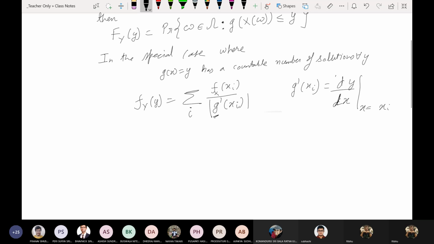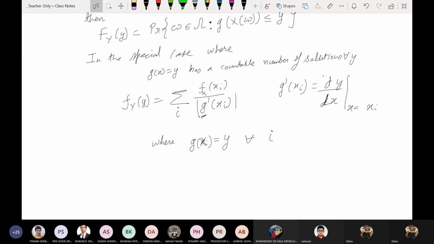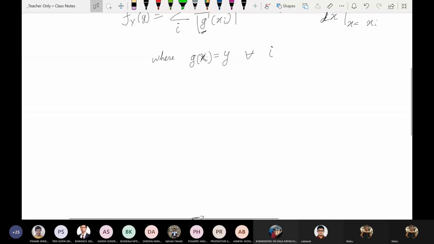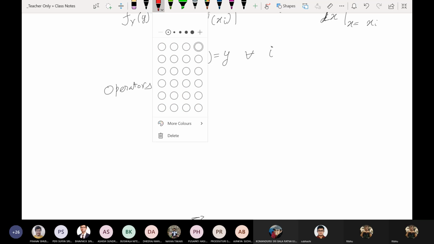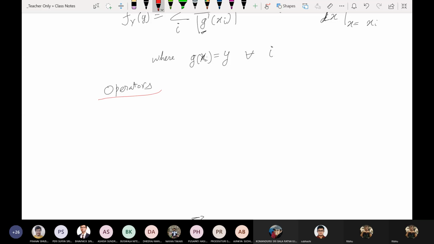Fine. So this you might have done in the previous semester, this expression. Yes, sir. Yeah, and now, being done with functions, we'll define operators.